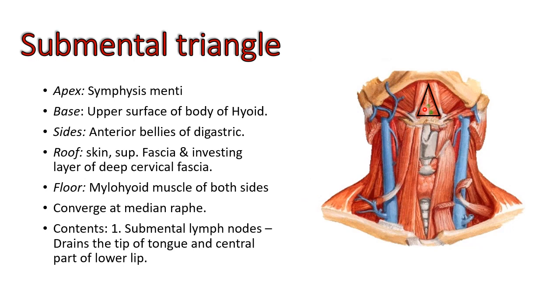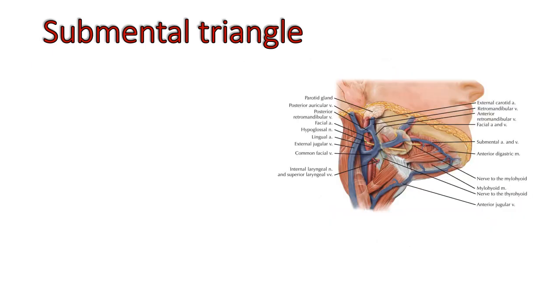Now apart from that, what other contents can you come across in the submental triangle? The submental vessels and nerves. I will come to it later. Now here you are able to see the submental vessels and nerves.